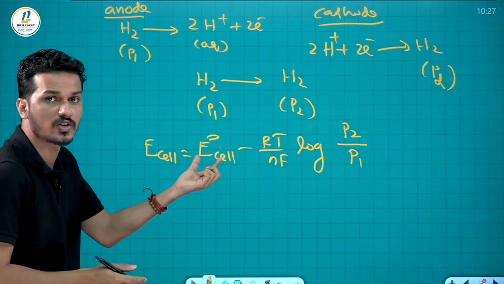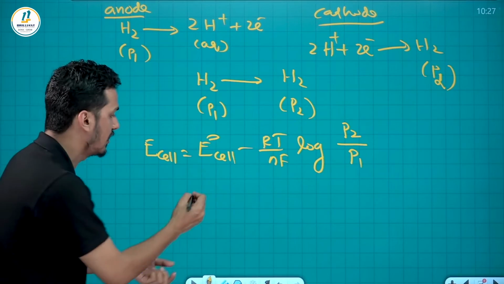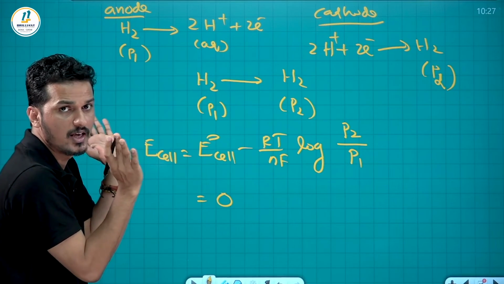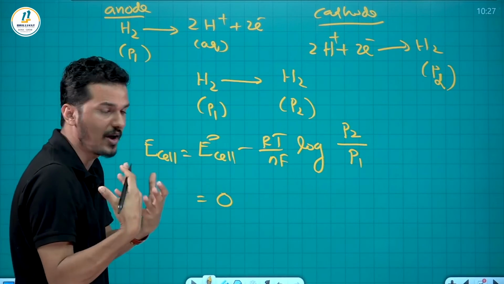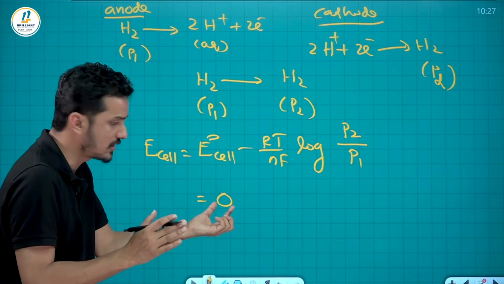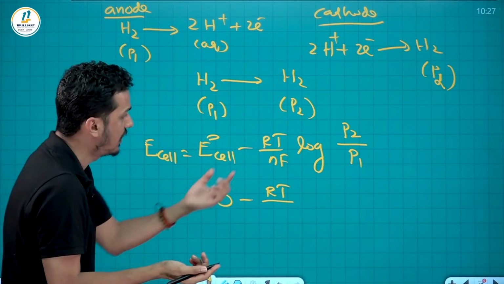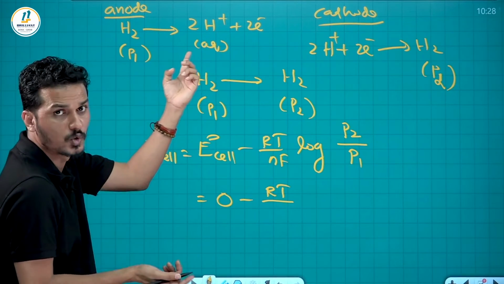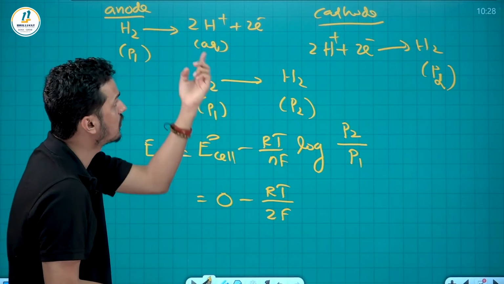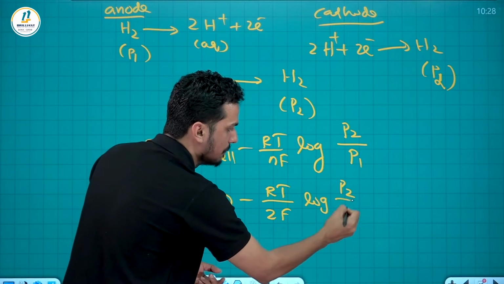What about E0 cell? Anode is hydrogen, cathode also hydrogen. So E0 cell will be equal to 0 because both are hydrogen only, so their difference is 0. So for a concentration cell, E cell is 0 minus RT by NF. What is N? 2 electrons are participating, so 2F: 2F log P2 by P1.